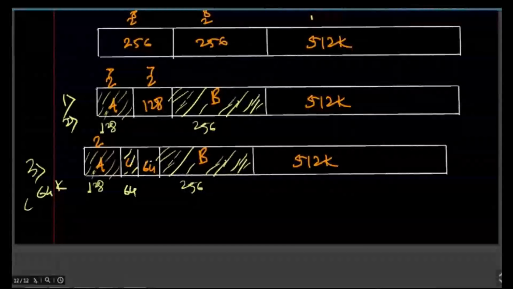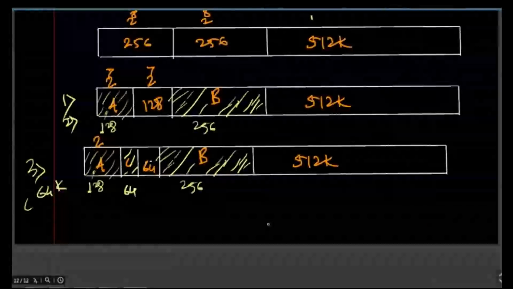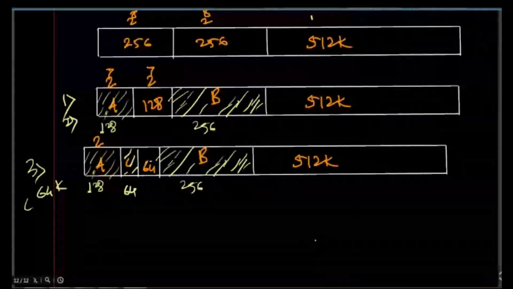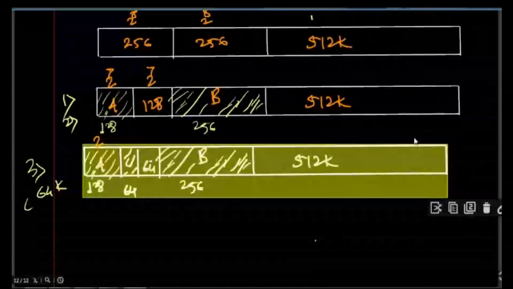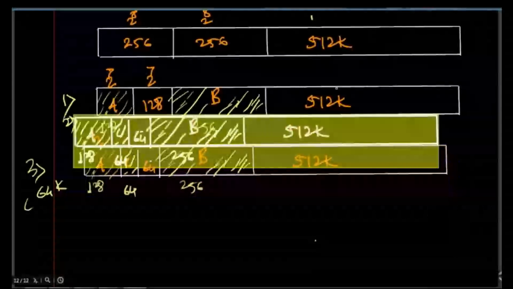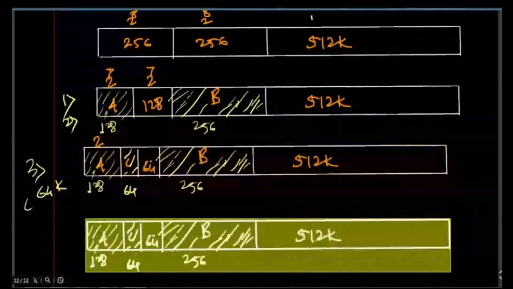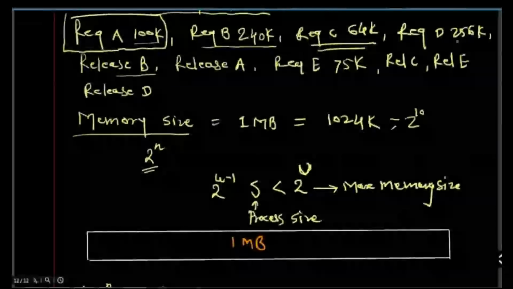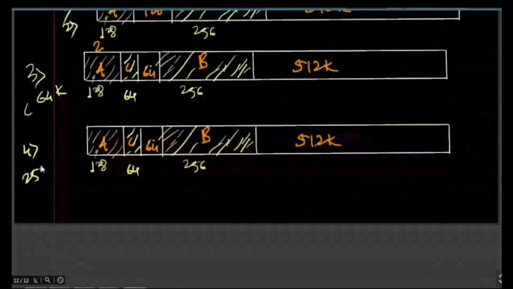Now after the third request, there is one more request, request D. So what is the fourth request? Request D is 256K. Now we cannot divide the memory in the left part.